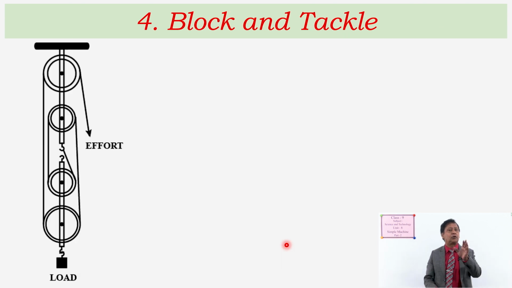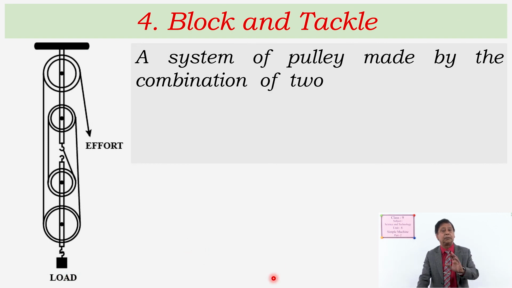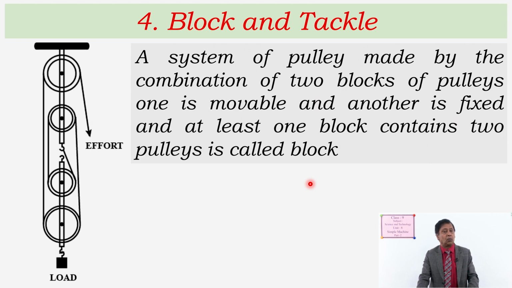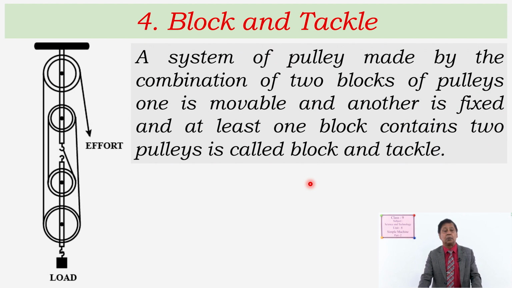Now let's talk about block and tackle. Look at the screen. Block and tackle consists of two blocks of pulley. One block is connected to a rigid support, another is connected to the load. And we can define this way also: a system of pulley made by the combination of two blocks of pulleys. One is movable and another is fixed, and at least one block contains two pulleys is called block and tackle.